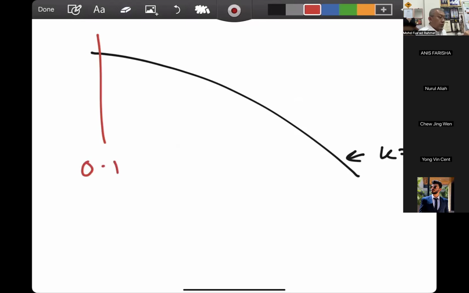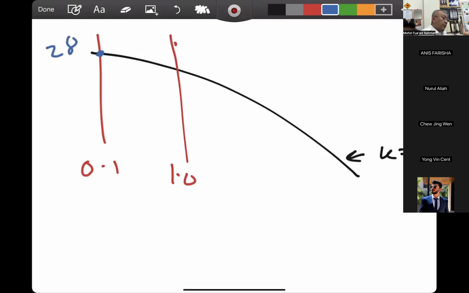This one is 1.0. Okay, so this one just now is 48 decibel, 28 decibel. This one is 8 decibel. Okay.